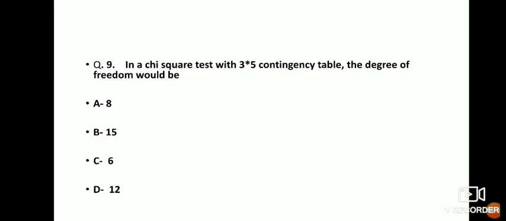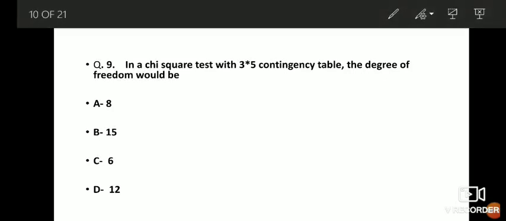So here the answer would be (3 minus 1) multiplied by (5 minus 1), that is 2 multiplied by 4, which equals 8. And it is given in option A.